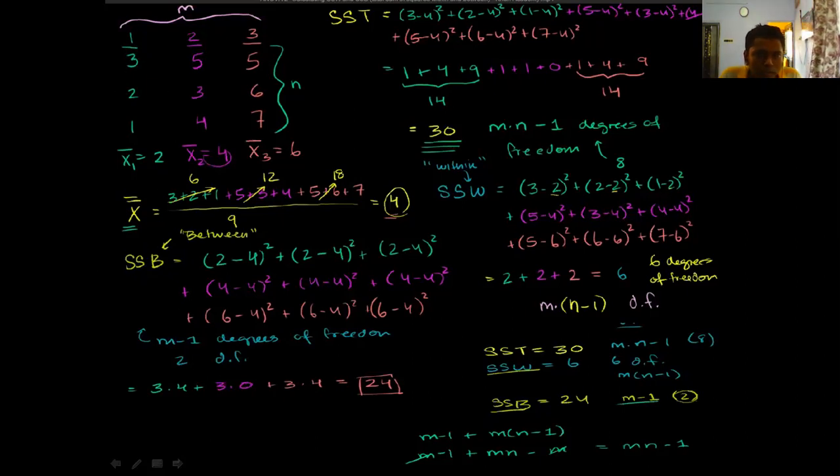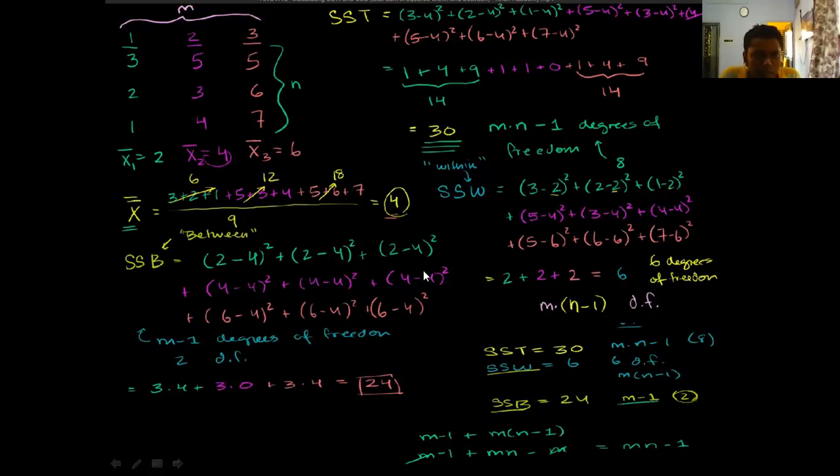Here, for the first group the mean is 2 and the grand mean is 4. So you need to subtract this mean from the grand mean. Or the opposite you can also do, 4 minus 2 or 2 minus 4. Both are the same because you are squaring, so even if it is a negative value, you will get a positive value.